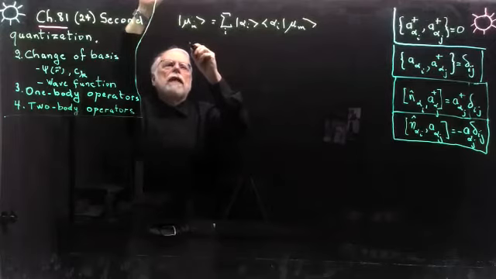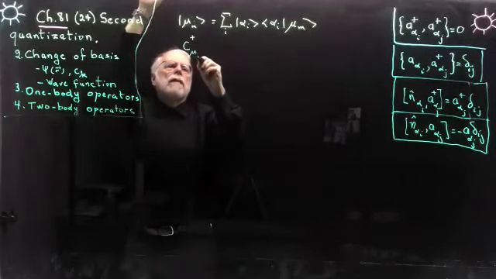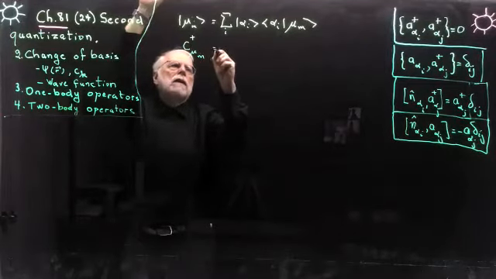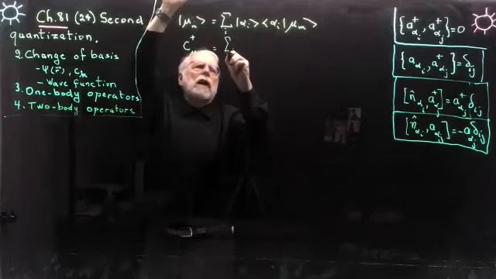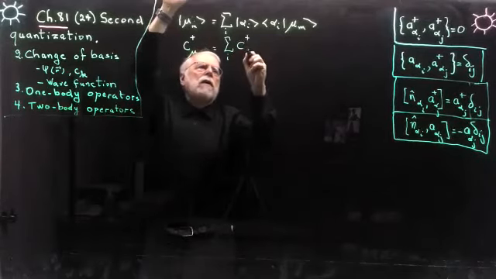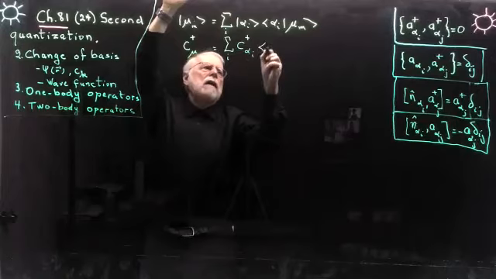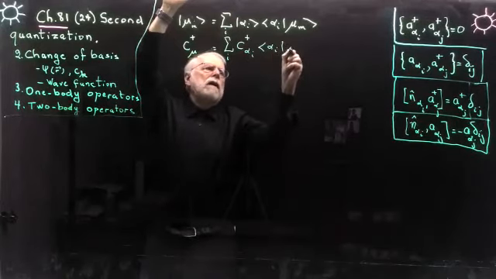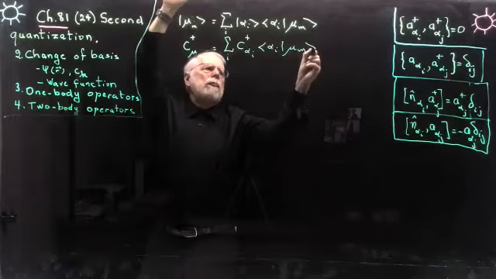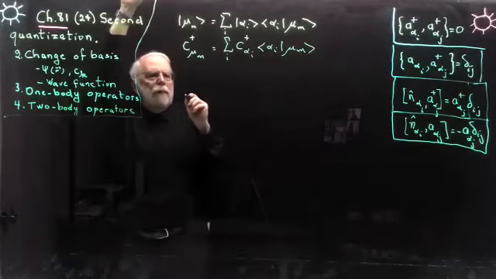So if I define an operator C dagger mu m that creates a particle in state m and anti-symmetrizes, it will be equal to the sum over I of C dagger alpha I mu m. Okay, very simple.